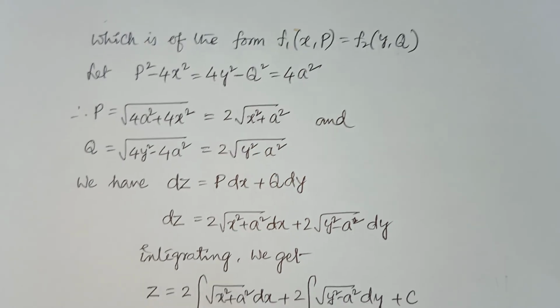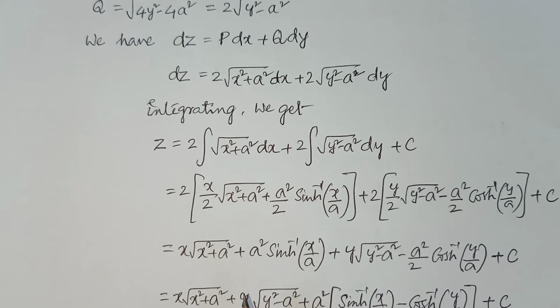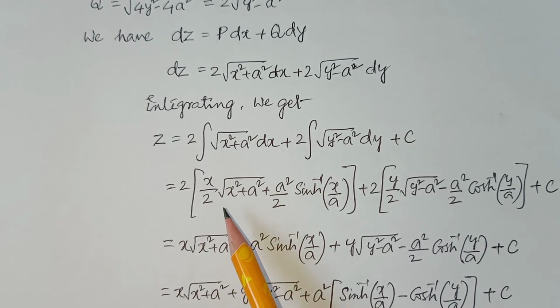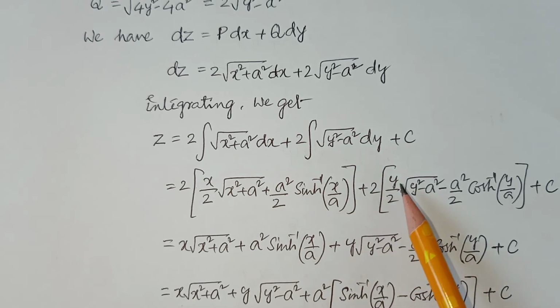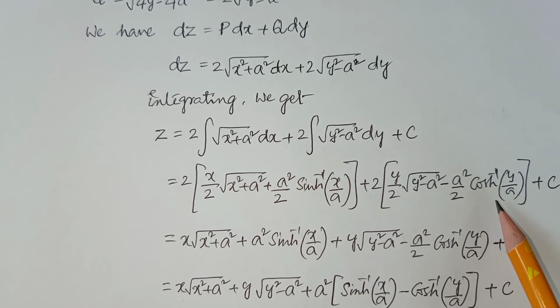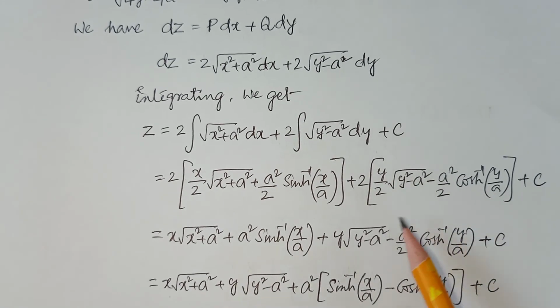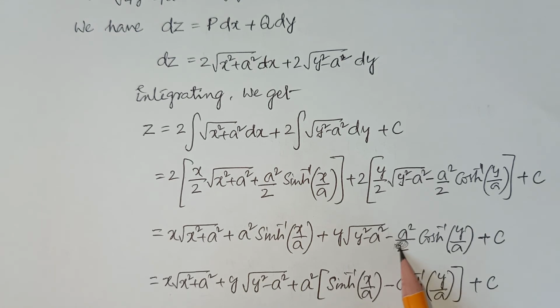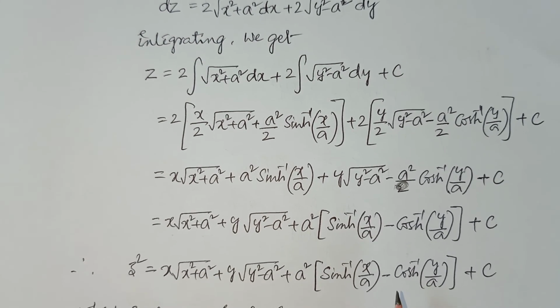We know the integration formulas: the integral of root (x^2 + a^2) is x/2 root (x^2 + a^2) plus a^2/2 sinh inverse (x/a), and similarly for y with cosh inverse (y/a). Simplifying, the 2 gets cancelled, so we get x root (x^2 + a^2) plus y root (y^2 - a^2) plus a^2 (sinh inverse (x/a) minus cosh inverse (y/a)) plus c.